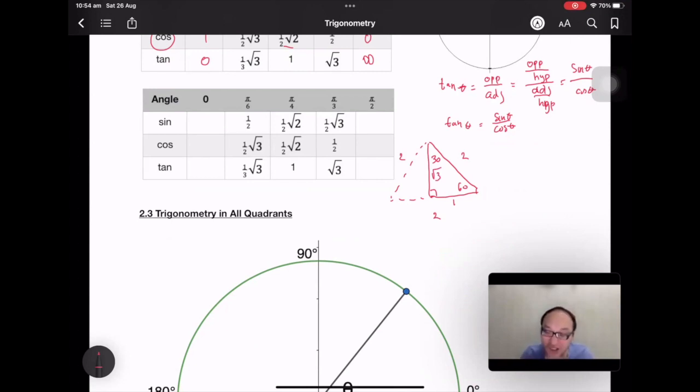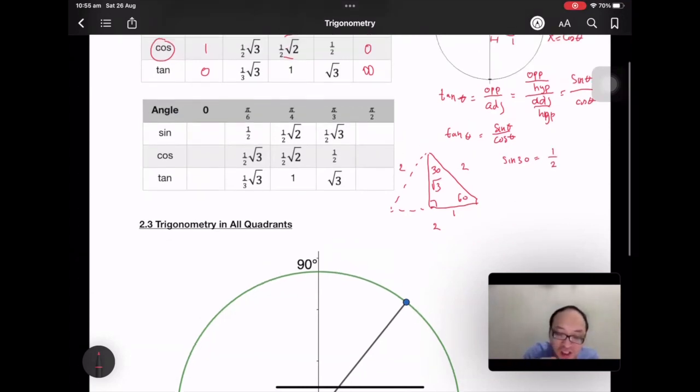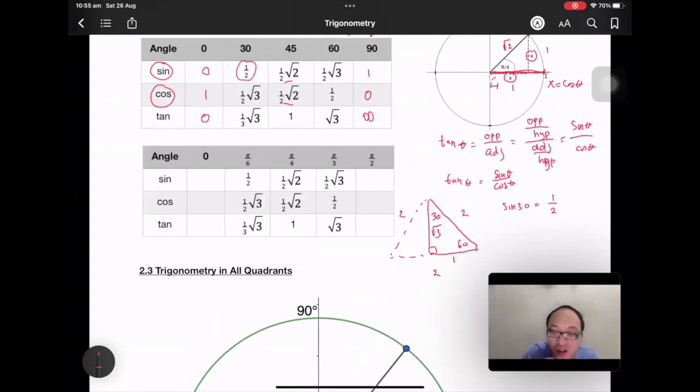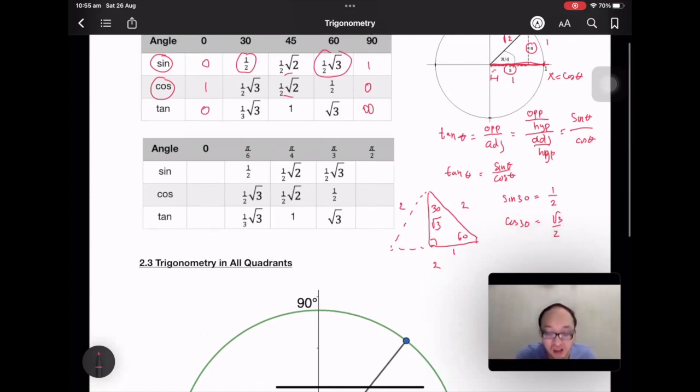So what is sine 30? Sine 30 is 1 over 2. And cos 30 equals root 3 over 2, so cos 30 is half root 3.